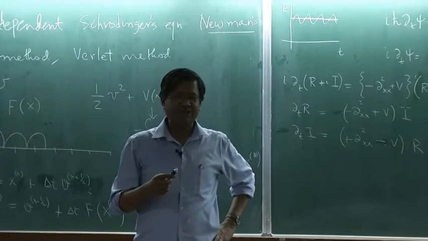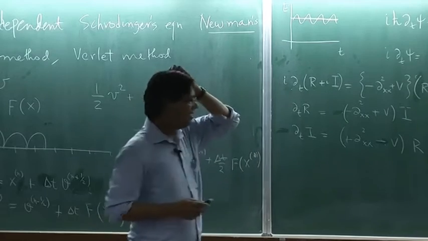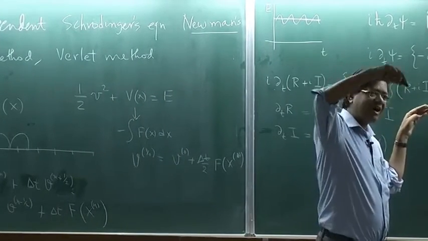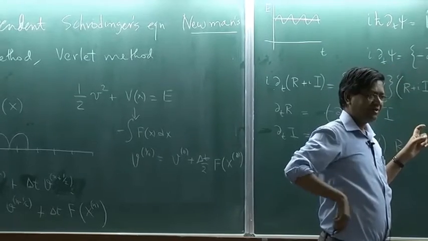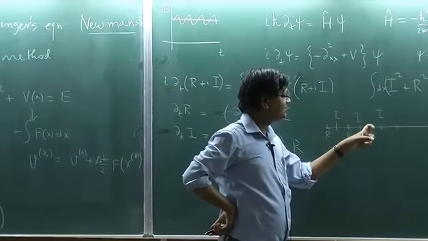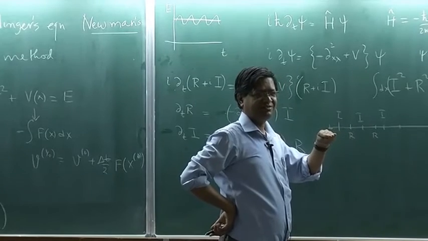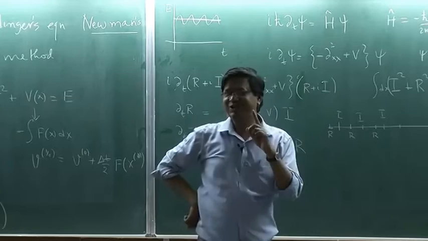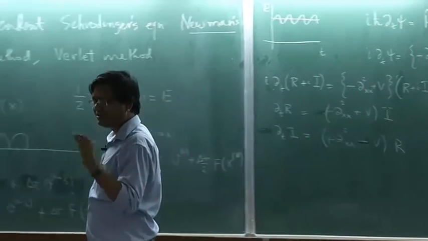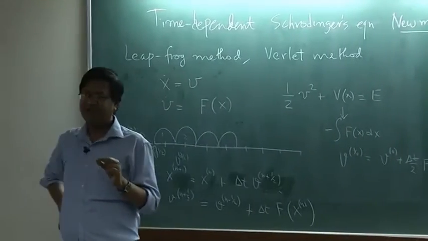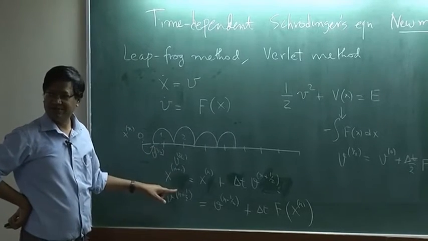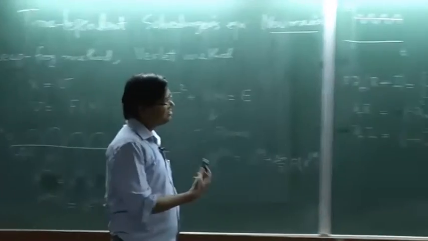I am going to time step the imaginary part only at the half time intervals, but the real part will be time stepped at the full intervals. Let me write this. Please remember there are two indices, one for space, one for time, and in time I advance like that.